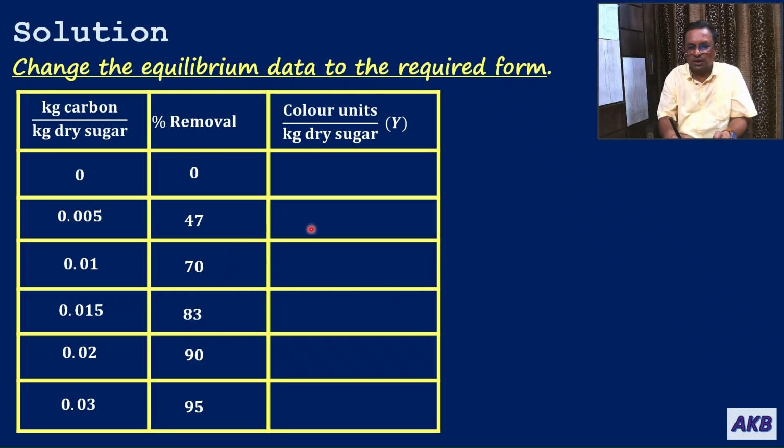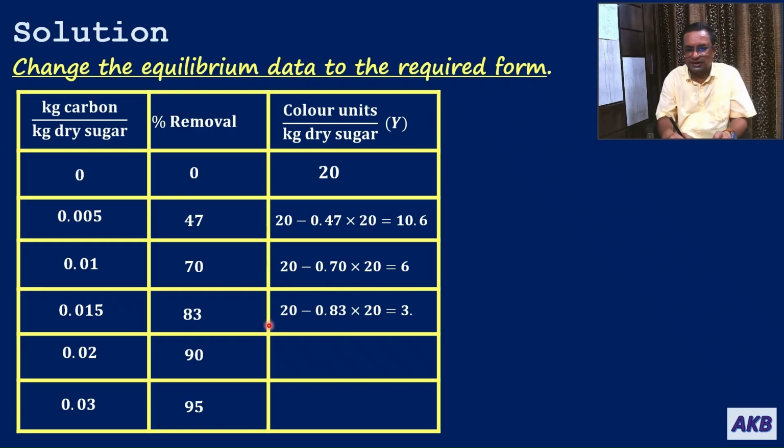We have understood how to get color units per kg dry sugar for the first case. Initially, the concentration of color is 20 color units per kg dry sugar. So if 47% gets removed, it will be 20 minus 0.47 into 20, which is 10.6. If 70% color gets removed, the remaining would be 20 minus 0.7 into 20, which is 6.